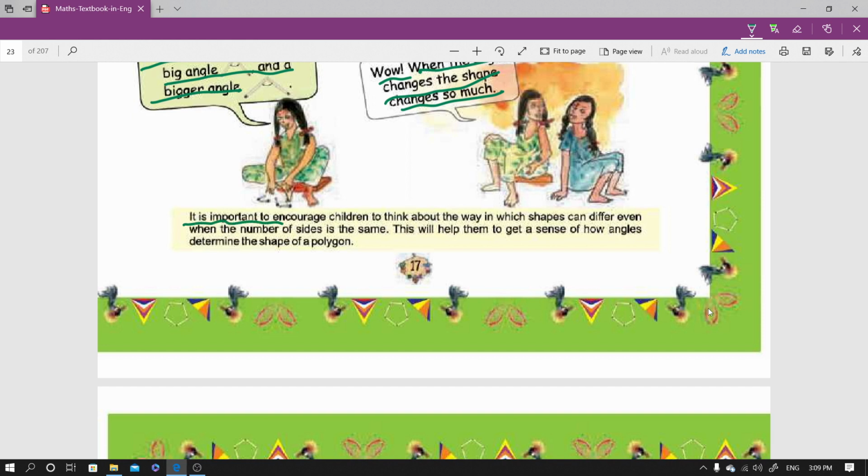It is important to encourage children to think about the way in which shapes can differ even when the number of sides is the same. This will help them to get a sense of how angles determine the shapes of a trigon.